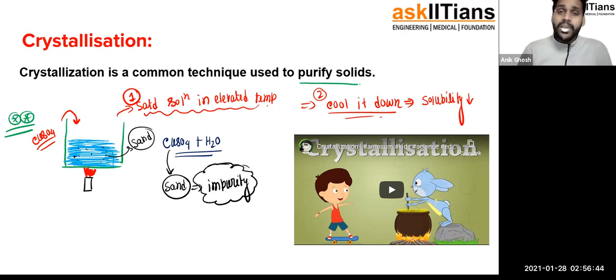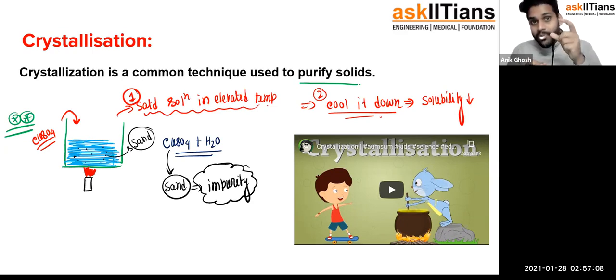What happens if you try to dissolve some sugar in normal water and hot water? Normal water would dissolve less sugar. Hot water would be able to dissolve more sugar, right? That is the same thing happening here. When you heat it, it dissolves more copper sulfate, and now when you cool it, the solubility is decreasing.